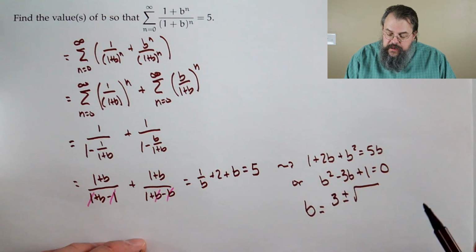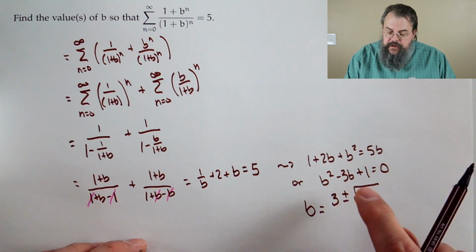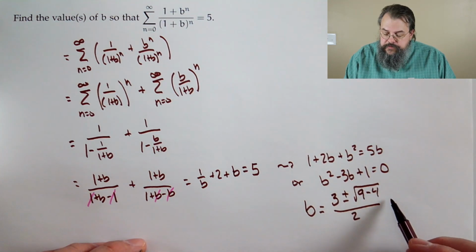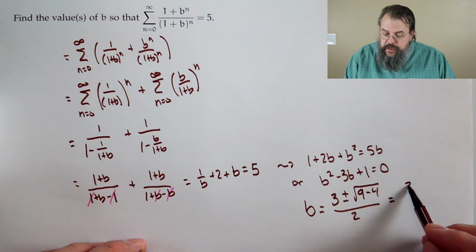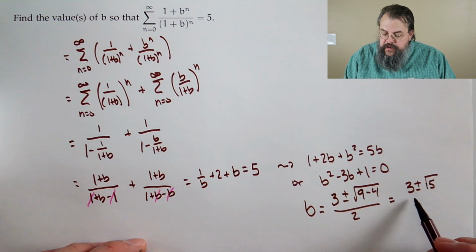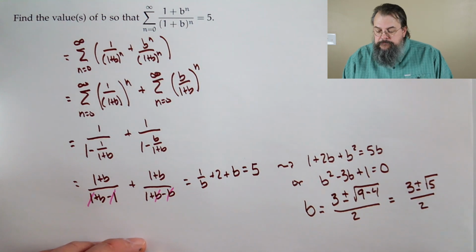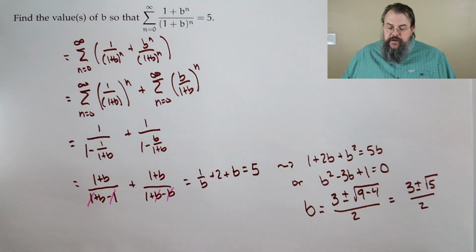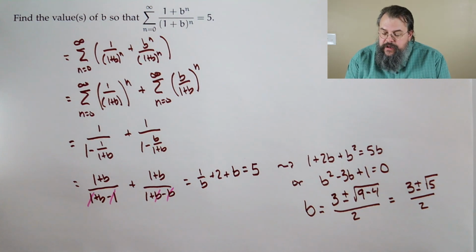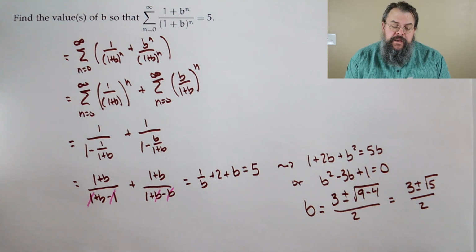Now you square that, 9, then minus 4 times 1 times 1, so 9 minus 4, all over 2. So you get 3 plus or minus square root of 5 over 2. All right, good. And those are the candidates.